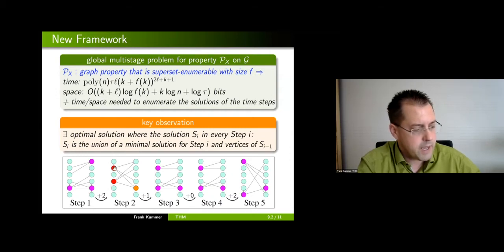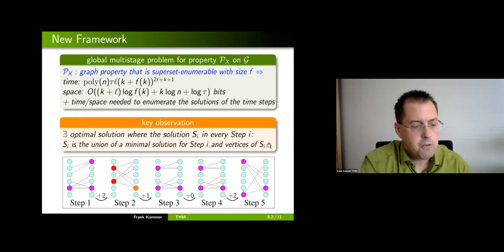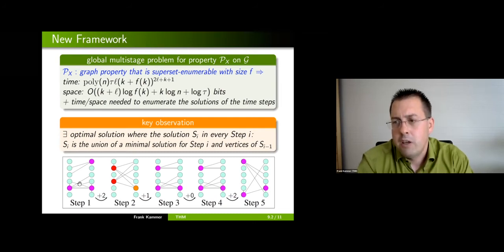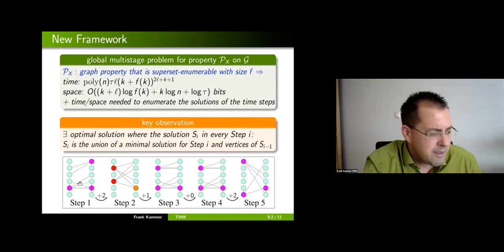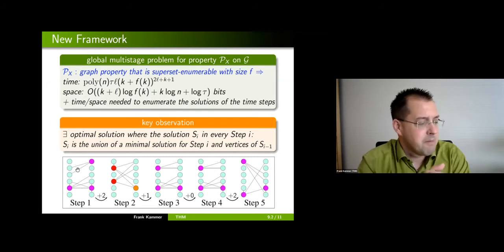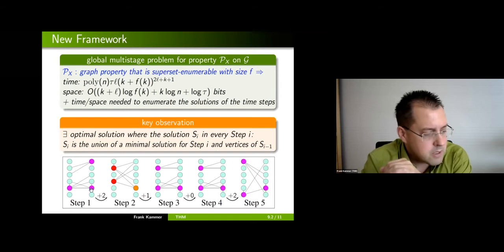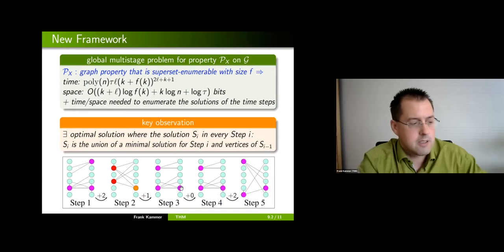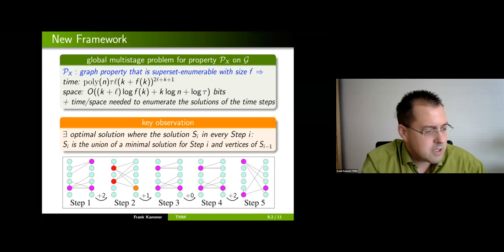Here we know the two red vertices are a minimal solution, and the union of some vertices of the previous step. I will not go into the details here, but I really hope that this is plausible. The minimal solution to take is nice, and it might be useful to take some more vertices, even if they are not required here, because they help for later instances. So this is a very short intuition.